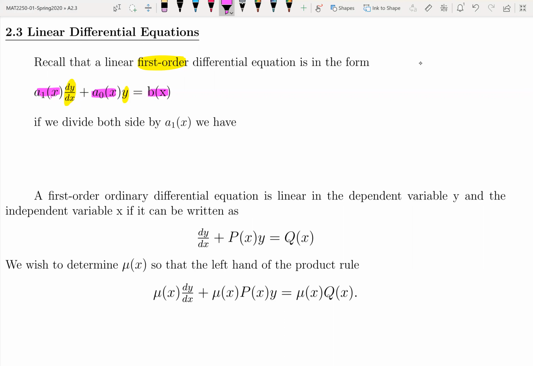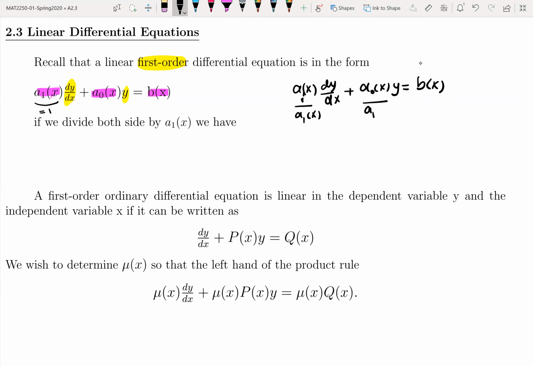Okay, so one thing that we prefer is to always make this leading coefficient equal 1. To do that, you have to divide the entire equation by a1 of x. So you have a1 of x times dy/dx, plus a0 of x times y, equals b of x.